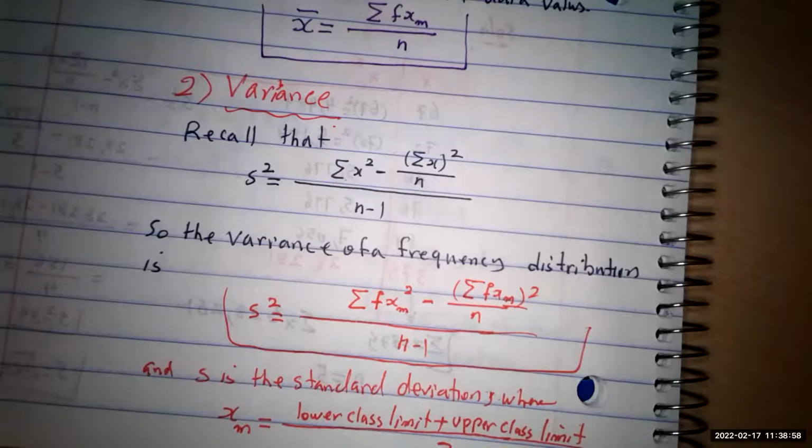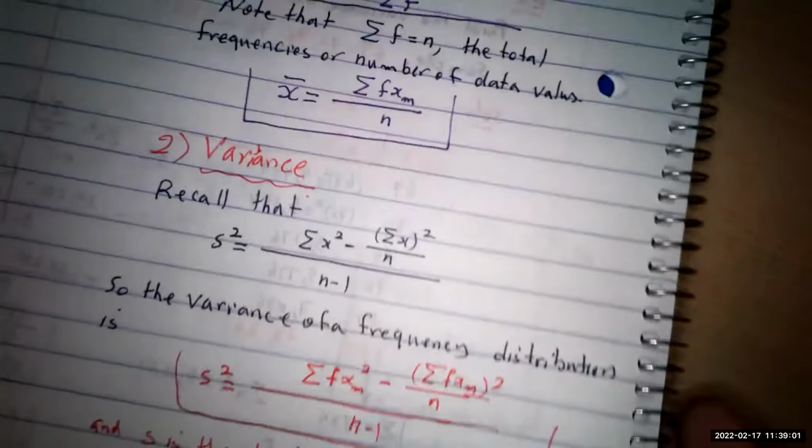Okay, so let's take one example to see how we're going to apply this formula to get all those four problems. For example, a frequency distribution table would be given, and they ask you to find this quantity.